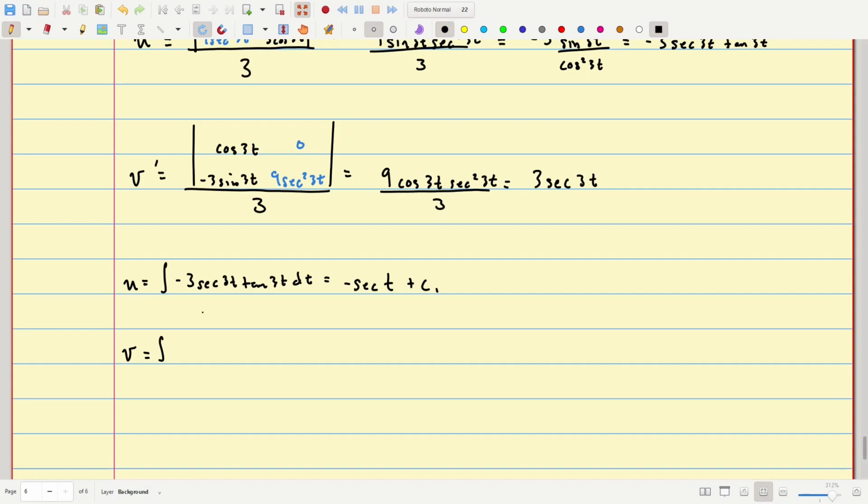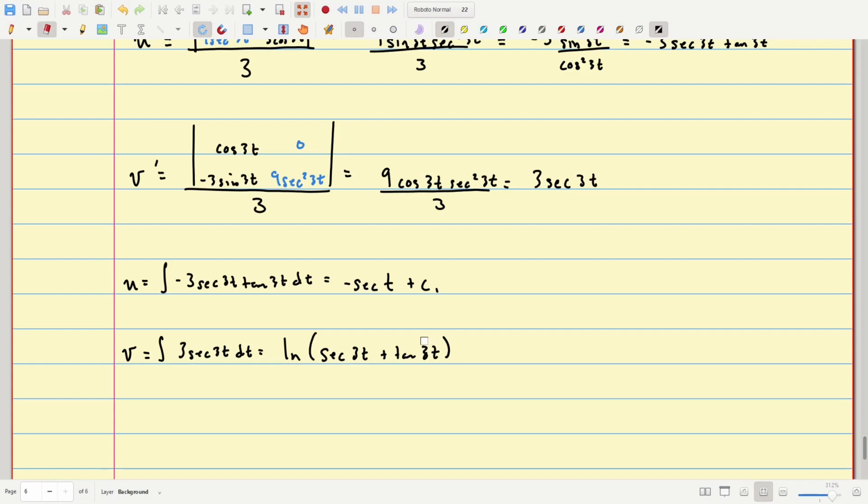v is next. We write down 3 secant 3t dt. This is another formula that you should be familiar with. Maybe it's a little bit less likely that you remember this one, but it is a common one. We have the natural log of secant 3t plus tangent 3t.